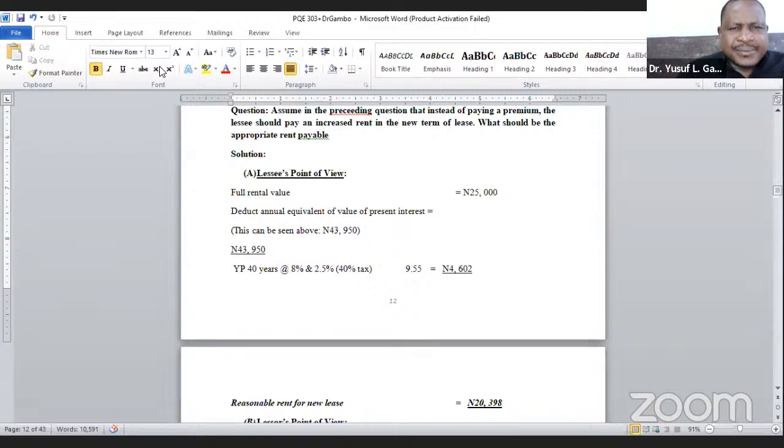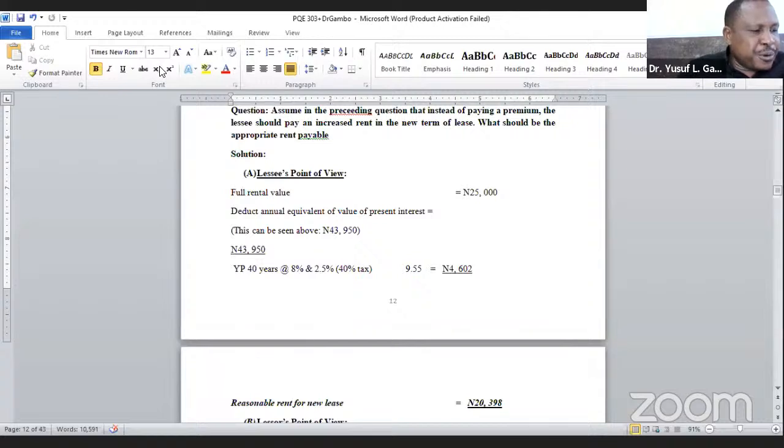Now, okay, I'm looking at the chart. From the lessor's point of view, go up. Take me to B. We are done with A. Secretariat, take me to B. Now, value of present interest from previous is 287,200.